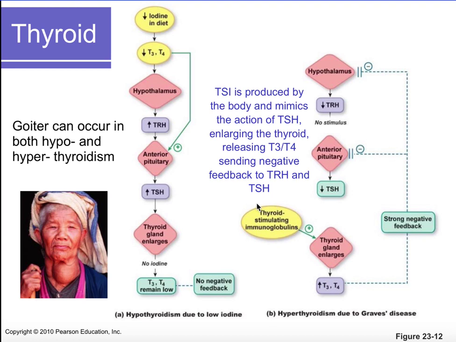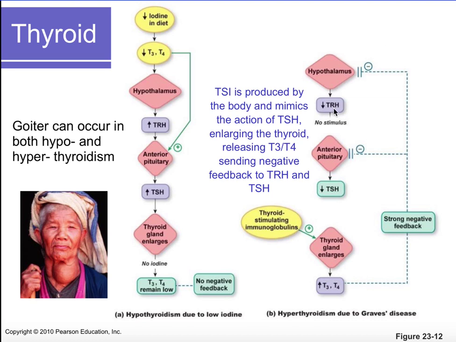So this TSI, made by our immune cells, will stimulate the thyroid gland to release T3 and T4. So our T3 and T4 levels will rise. We will have hyperthyroidism. And this increase in thyroid hormone will cause a strong negative feedback back up to the anterior pituitary and the hypothalamus, because it's too high. So we want to stop the release.